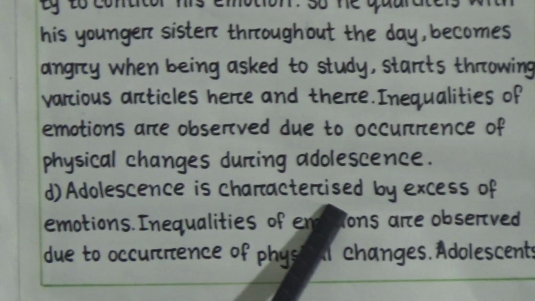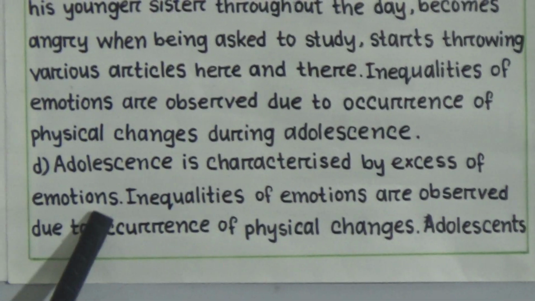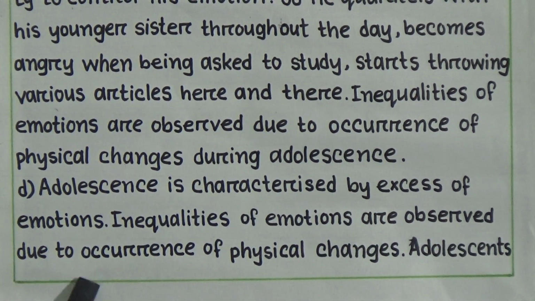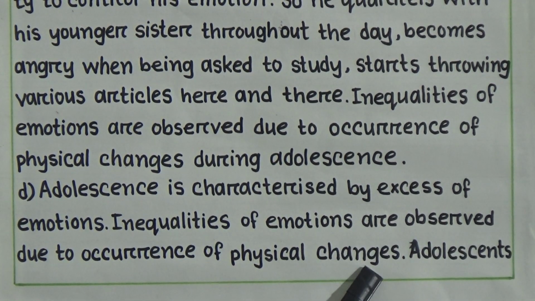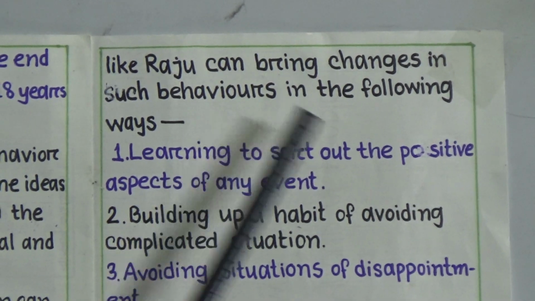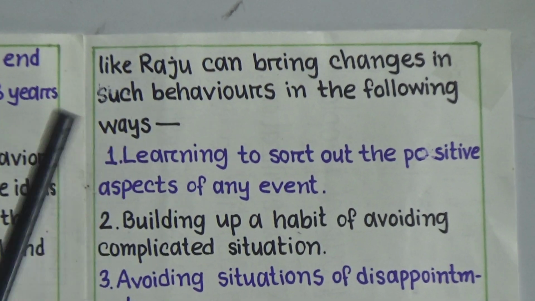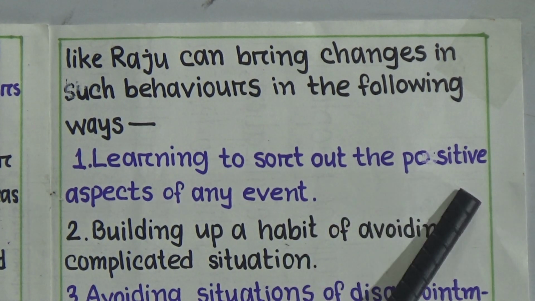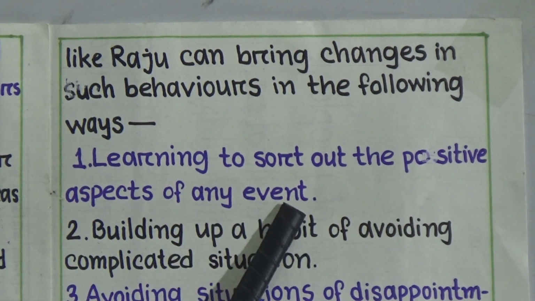Here I have written the answer. Adolescence is characterized by excess of emotions. Inequalities of emotions are observed due to occurrence of physical changes. Adolescents like Raju can bring changes in such behaviors in the following ways. Number 1, learning to sort out the positive aspects of any event.